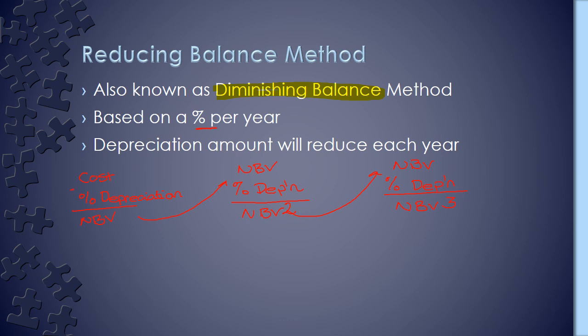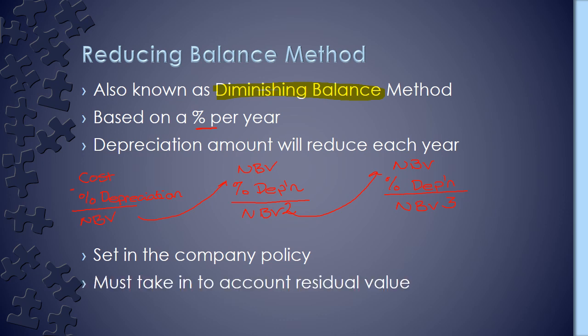So you'll see how this works in an example shortly. Again, the way that a company depreciates will be set out in its policy. And again, you must take into account any residual value that you're given in your question.